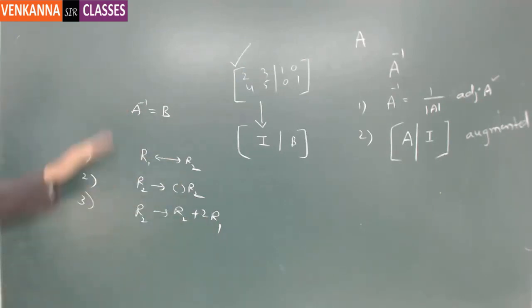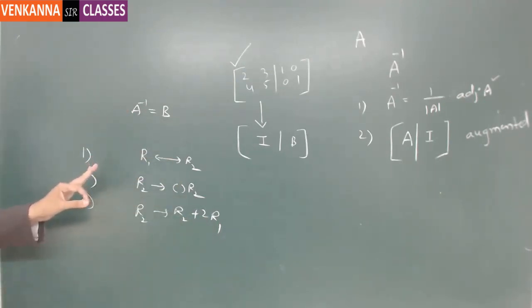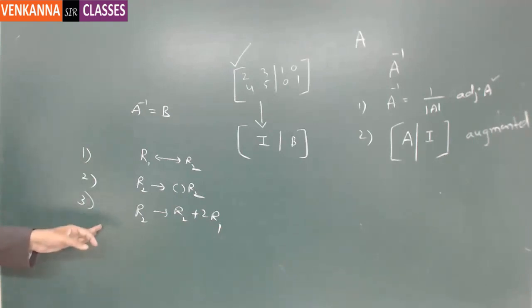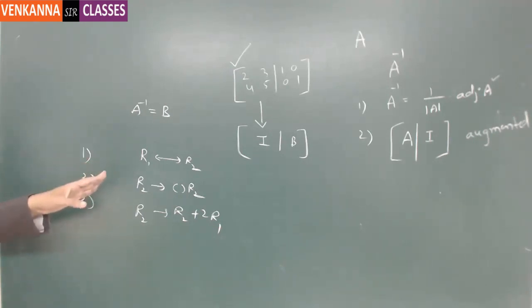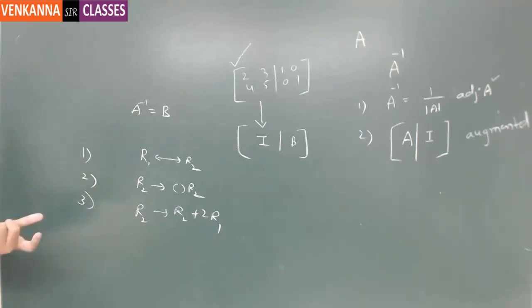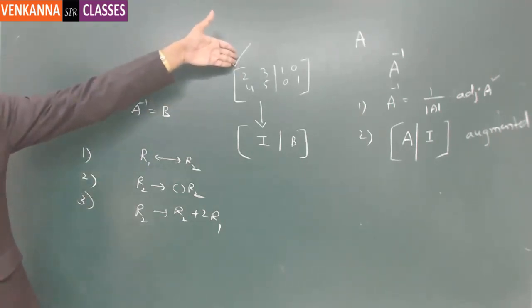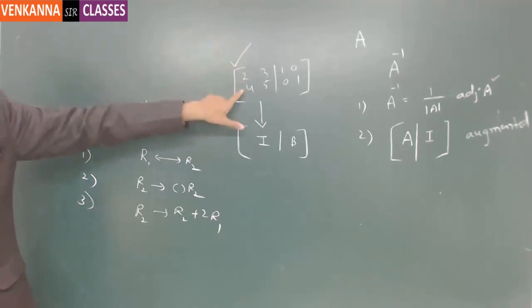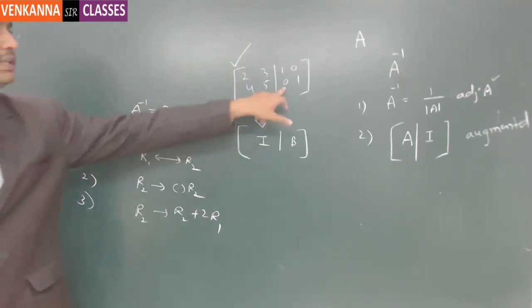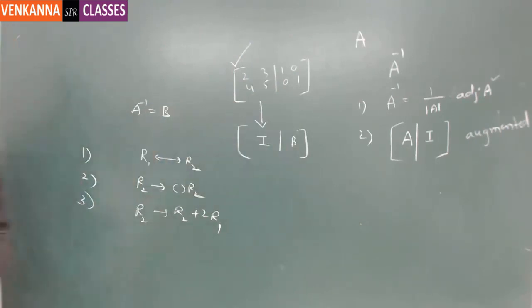These are the elementary row operations; there are only three types. Similarly, the same types of column operations: multiplying a column with a number, interchanging two columns, and multiplying a column with a number and adding it to another column. After applying row operations, or column operations, A is reduced to the identity matrix and you get a new matrix, which is called the inverse of A. Is it known to you?